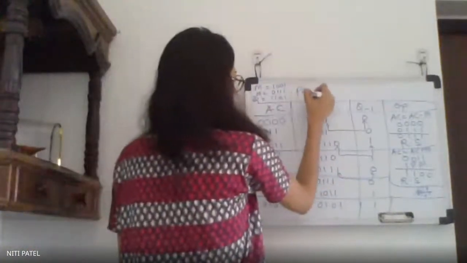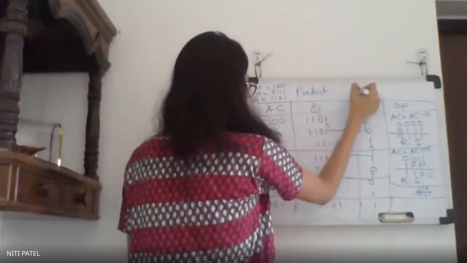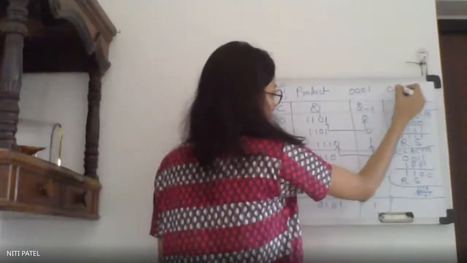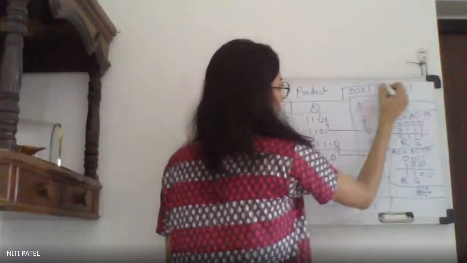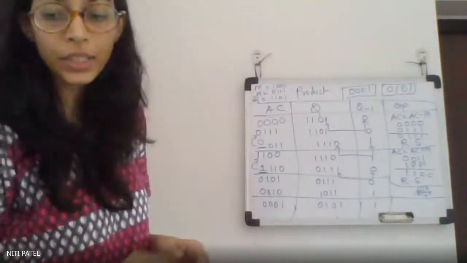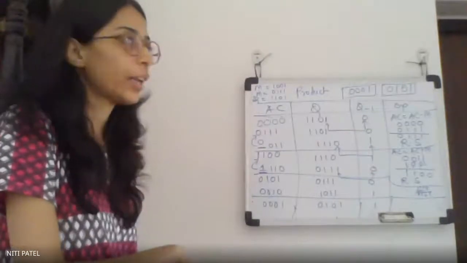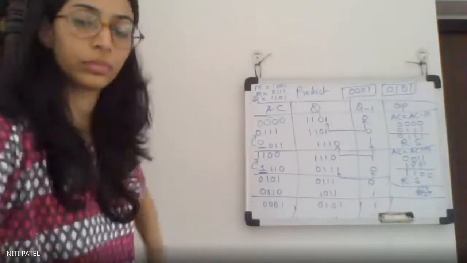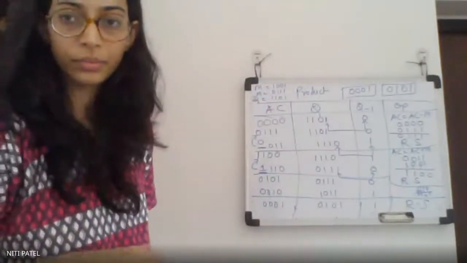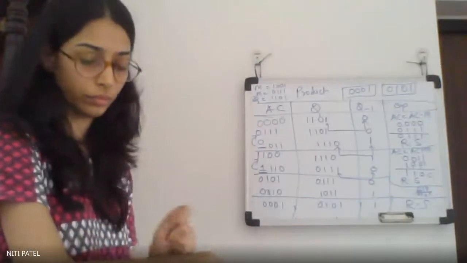So your product is content of AC as 0001, content of Q as 0101, which is the result of -7 into -3. Are you all getting the same? Yes, ma'am. Yes or no? Yes. Okay.